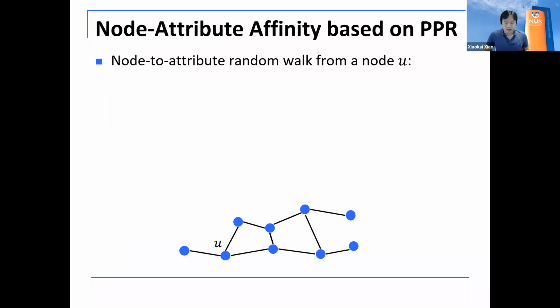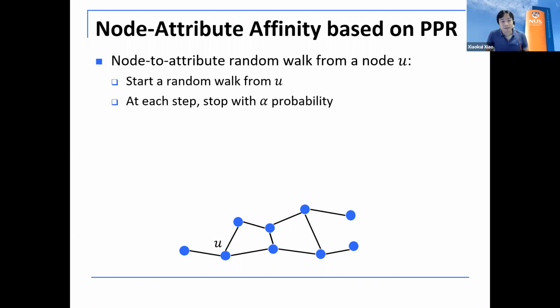So the way that we address this problem in our solution is as follows. First, we extend the notion of random walk to the case when we have attributes in the graph. So we defined what we call a node to attribute random walk, which starts from a node and ends at an attribute. And the idea is pretty simple. Starting from a node U, we just do a random walk as in the case of an attribute graph. But then at the end point, we're going to do one more step.